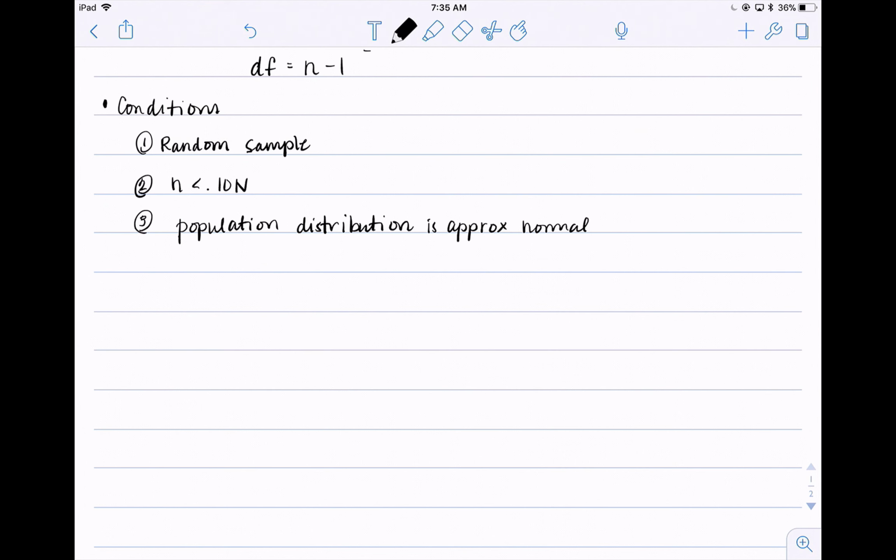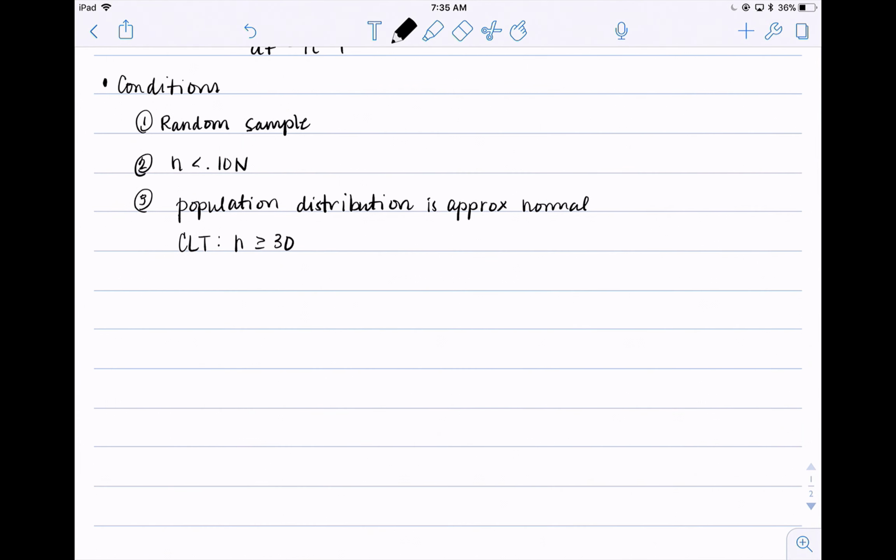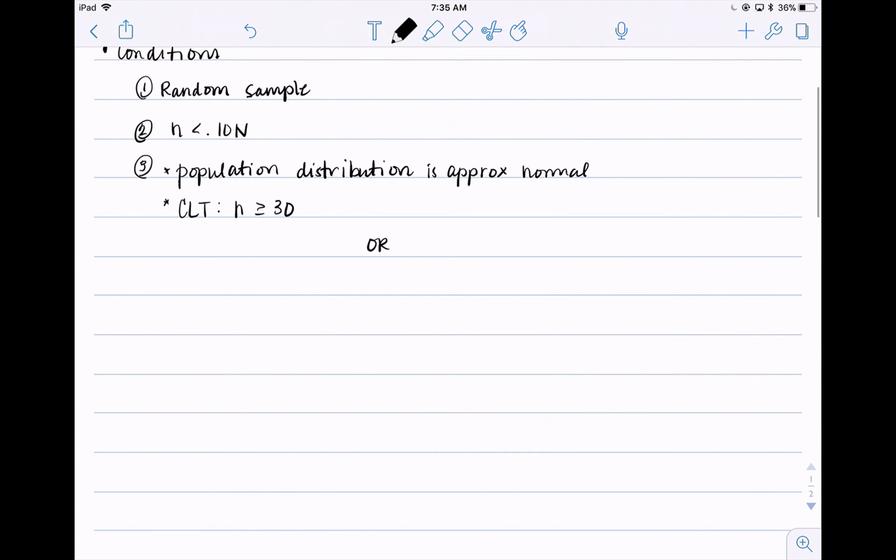And if that wasn't stated, we also know that by the CLT, the central limit theorem, if your sample size is greater than or equal to 30, we can also assume a normally distributed population. However, if one of these two cases didn't hold, then we'd have to go to the third alternative.